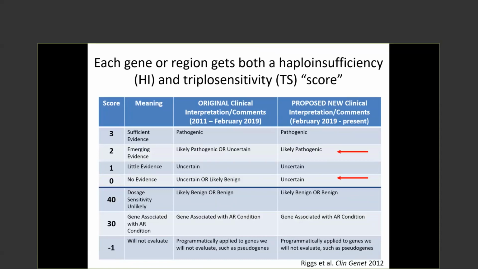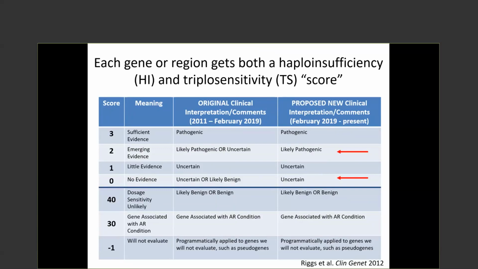So a score of 40 is equivalent to dosage sensitivity unlikely, and this means that there's actually evidence against dosage sensitivity, so akin to a disputed or refuted gene curation. A score of 30 indicates that the gene has been associated with an autosomal recessive condition. It makes no assumption of the mechanism of disease, whether the autosomal recessive condition is caused by loss of function or any other mechanism.